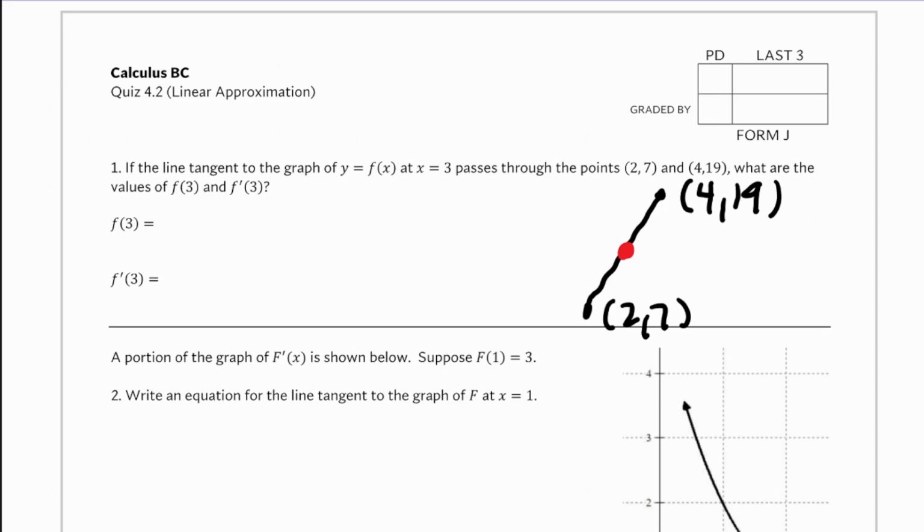So the slope of that line segment is going to represent f prime of 3, so that'll be (19 minus 7) over (4 minus 2). Okay, but f of 3, well, the y-coordinate is going to be halfway in between 7 and 19. So half of 26 would be 13. Yeah, 6 from 7 to 13, and then another 6 from 13 to 19. So f of 3 is going to equal 13.